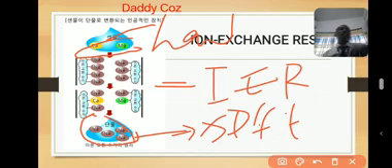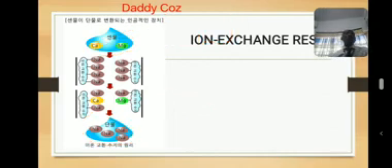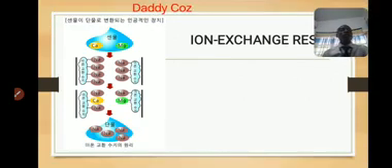It works by exchanging the ions of the water, which makes it hard, and replacing it with other ions that don't cause hardness. Calcium and magnesium cause hardness. Sodium ion does not cause hardness. There is sodium ion before inside the resin. When you pour water inside and the water is hard, sodium ion will go into the water, while the ions already inside the water will be attached to the resin, and then the water will become soft.